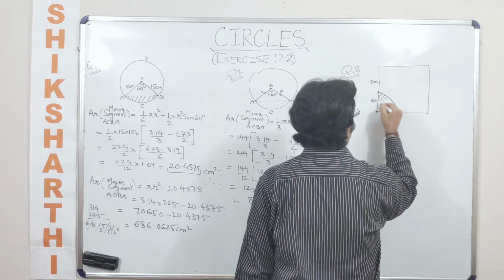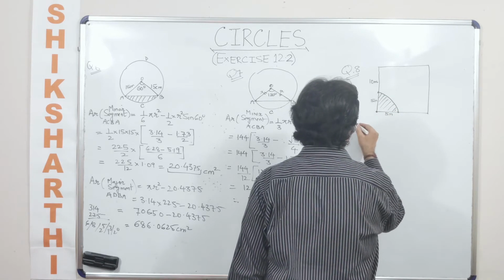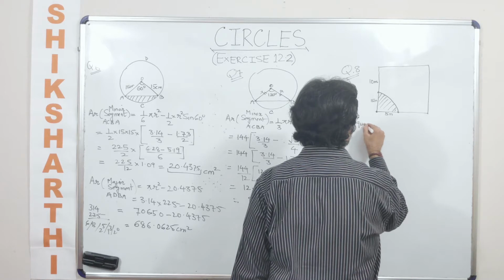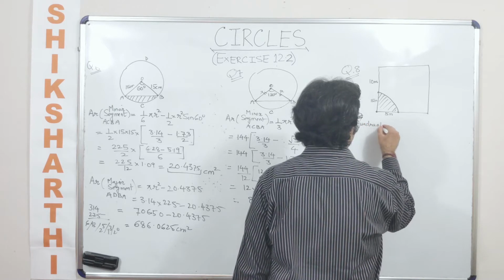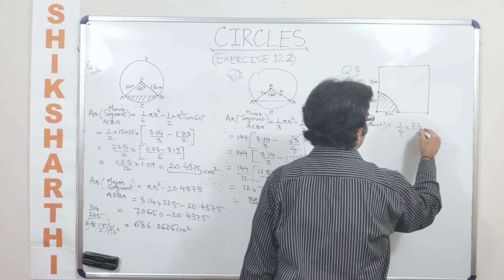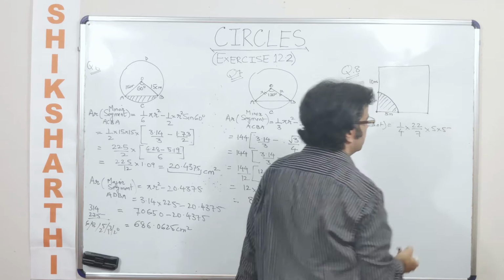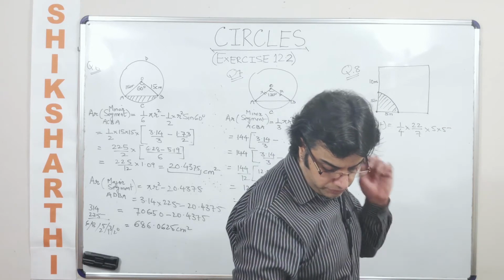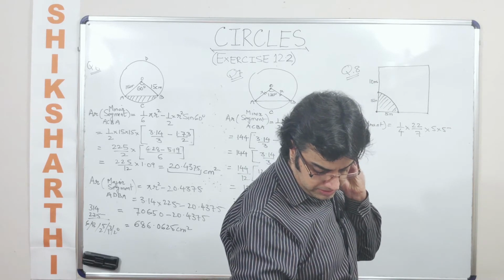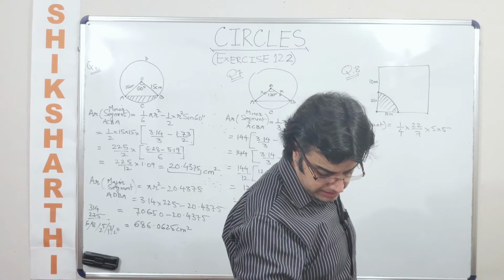And if I have to find out how much area can be grazed, so the area of this quadrant, if you remember we have done it in earlier exercises, will be nothing but 1/4 of the area of the circle. Have they given you the value of pi here in this case? The area of the part of the field in which the horse can graze.